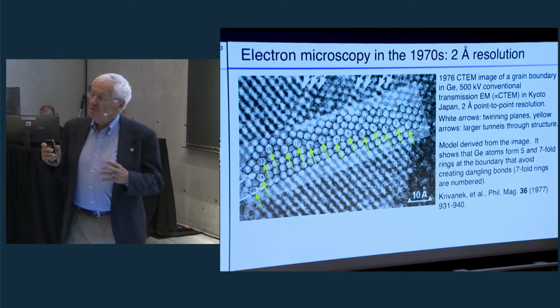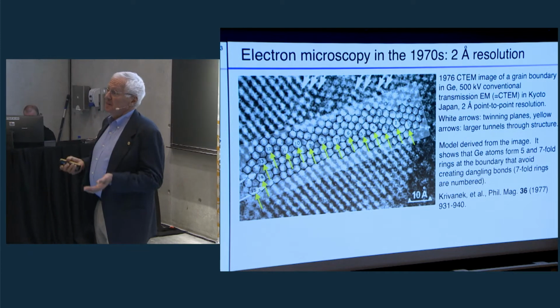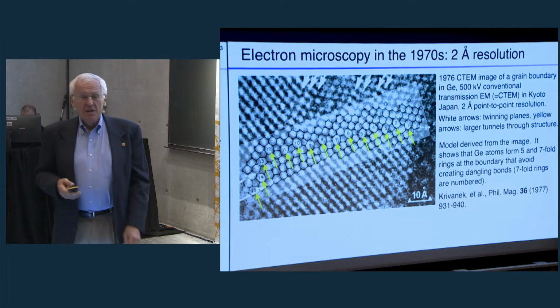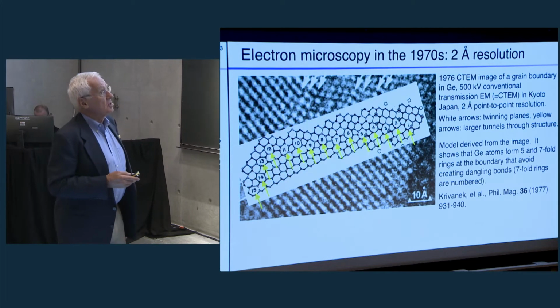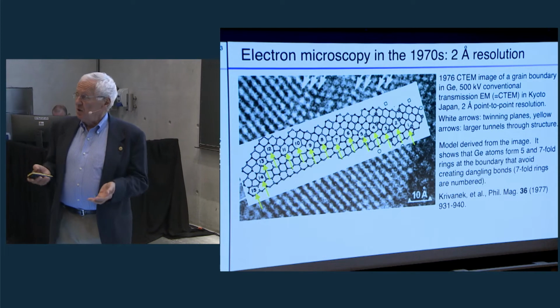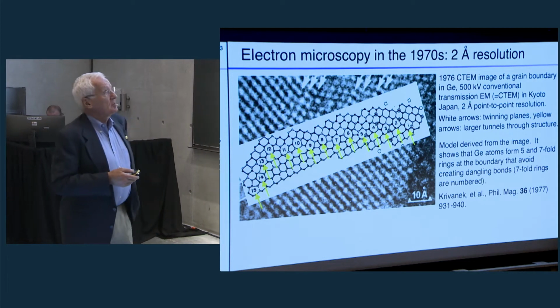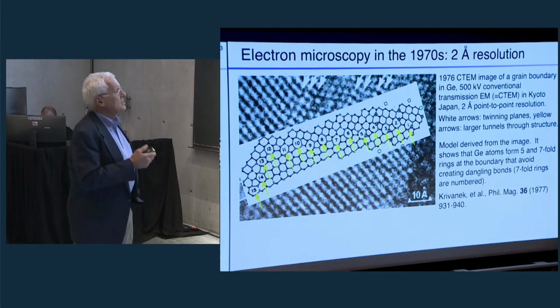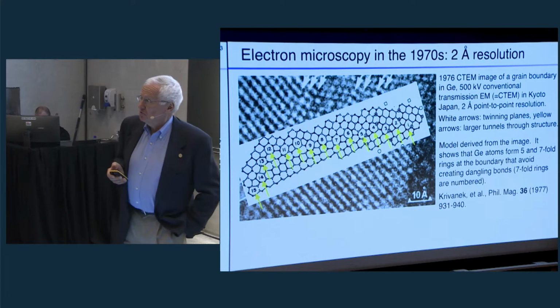And that turns out to be an arrangement which avoids dangling bonds in the germanium, which costs you a lot of energy. So we were basically exploring the atomic resolution in a germanium grain boundary back in 1977, and this is how far the microscopy could be pushed.